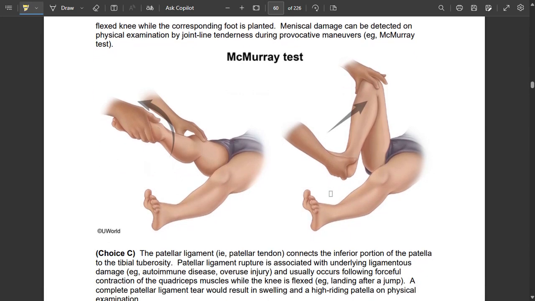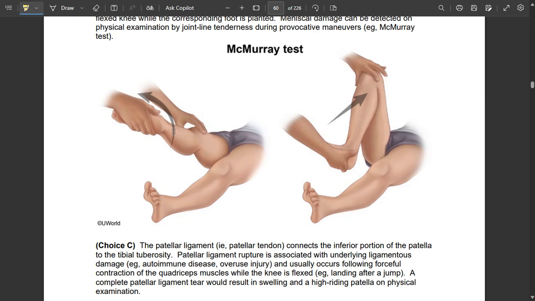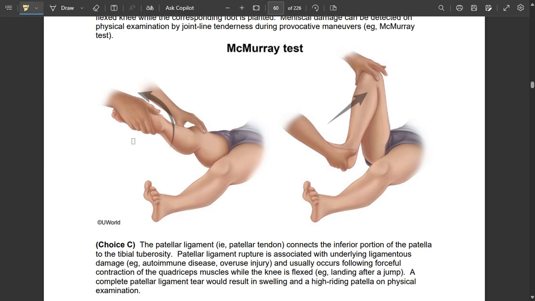The McMurray test is done by making the patient supine and then testing for joint line tenderness. It is one of the most important tests. The knee can be rotated medially or laterally, and joint line tenderness can be seen.